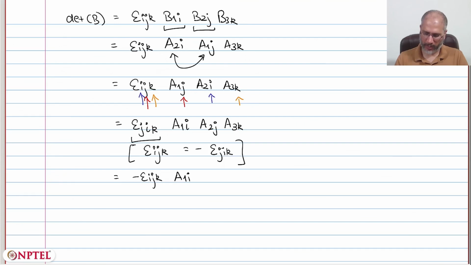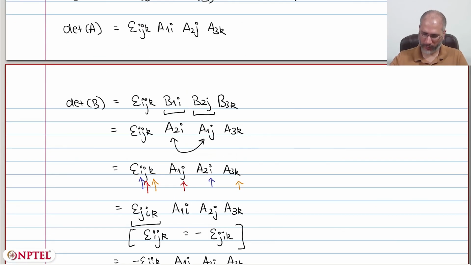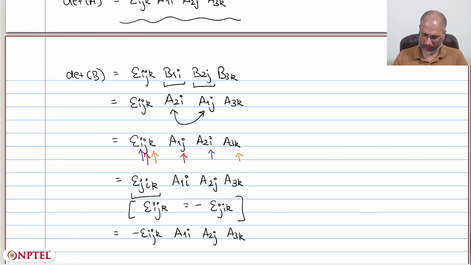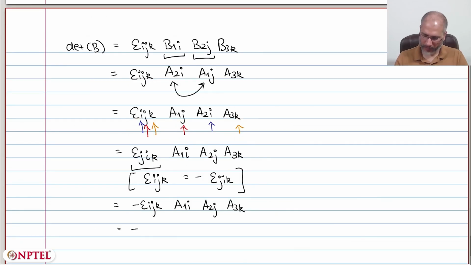Then you have A1i, A2j and A3k. If we compare this with the expression for the determinant of A that we had here, you can see that this is nothing but simply the negative of the determinant of A. So we have proved what was asked from us, that the determinant of B is the negative of the determinant of A.